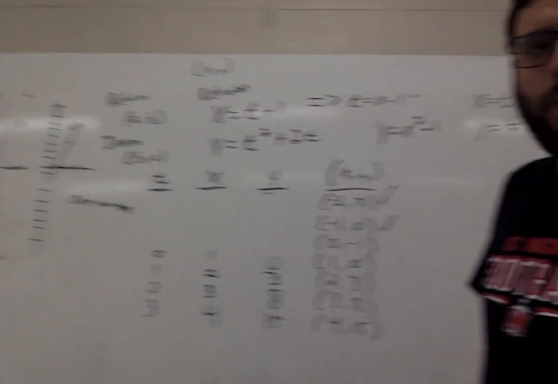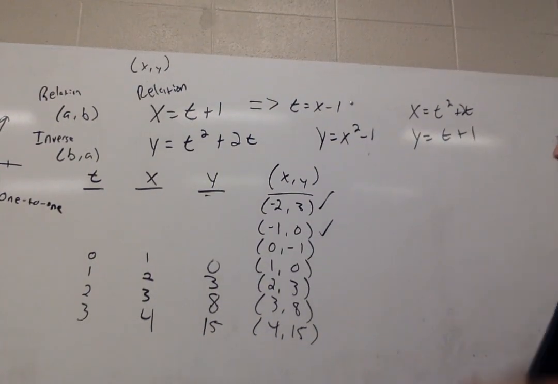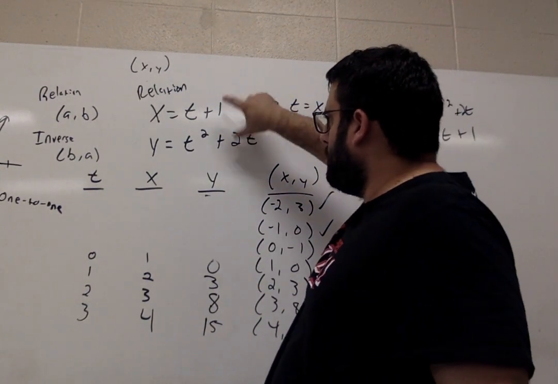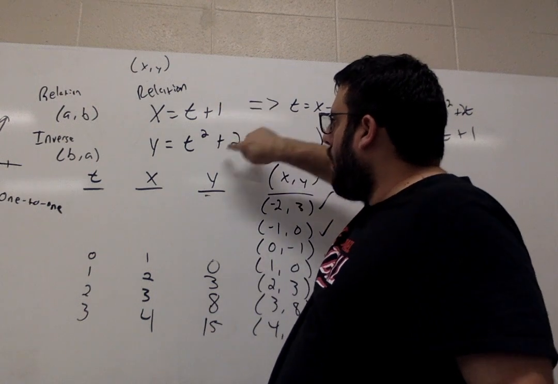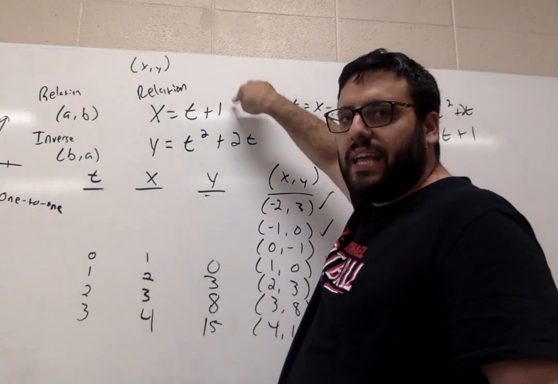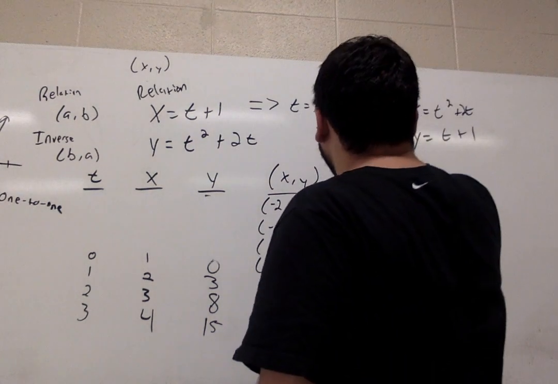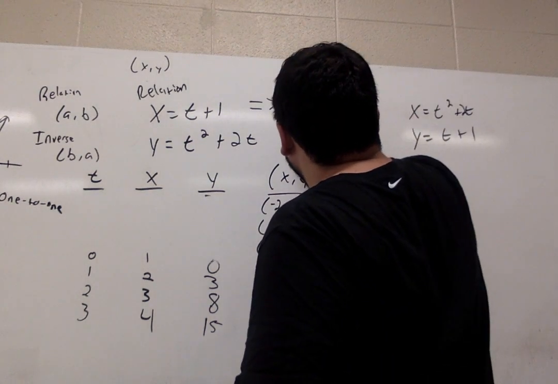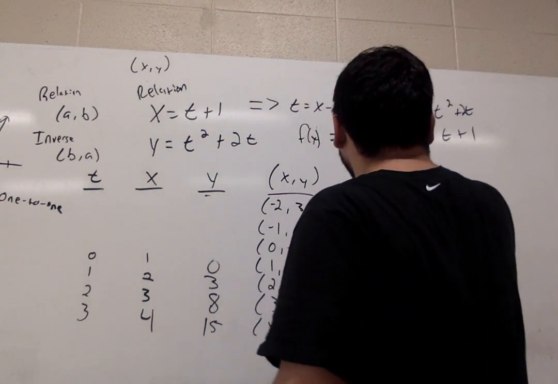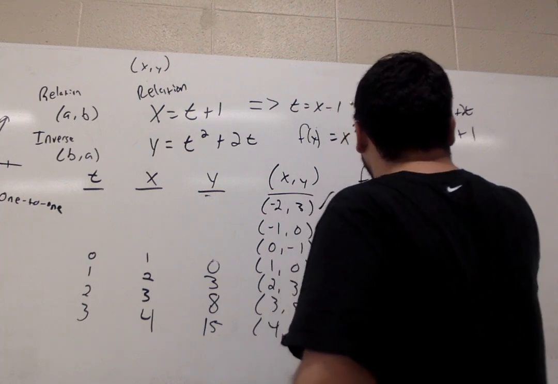Okay. Now to go over how do we get the inverse of a function using this information? Well, when we found the inverse relation, when we switched these two around, so the y's in here now became the x's, and the x's now became the y's. So in a way, that's kind of a template for us to get started. If my function is this, let's say this is f of x, and I want to find its inverse.